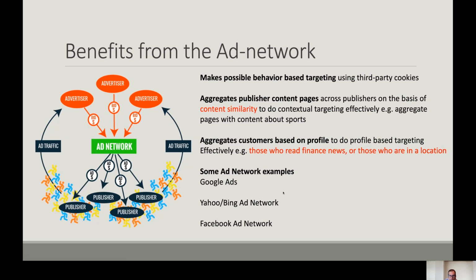Another way in which the ad network adds value is that it can create segments of consumers based on their interests, right?